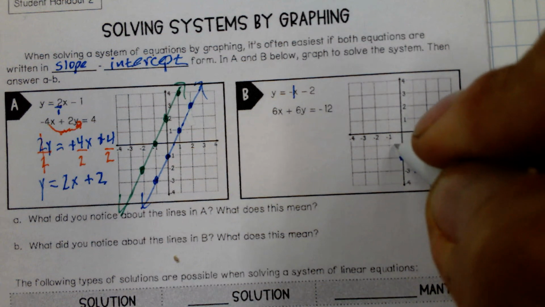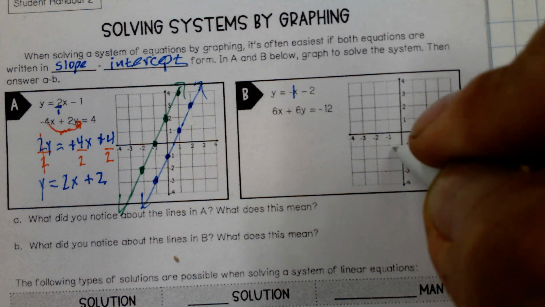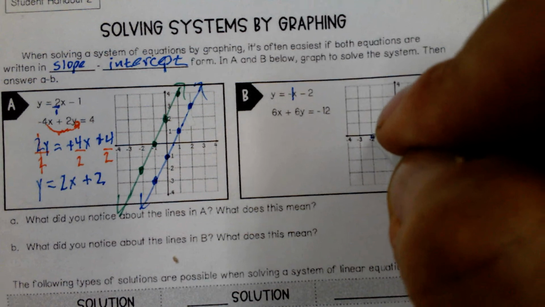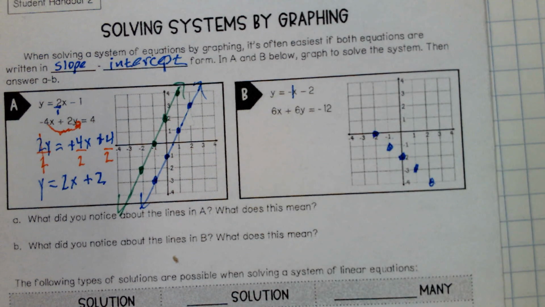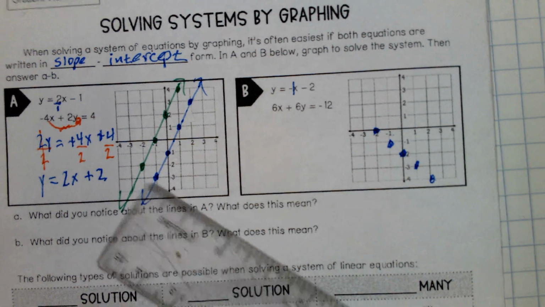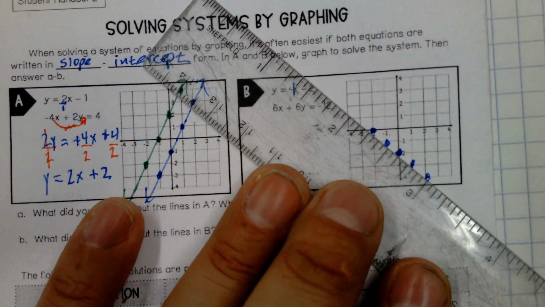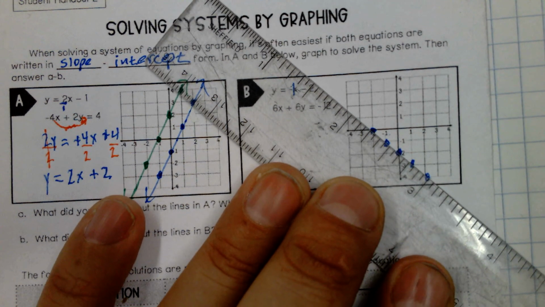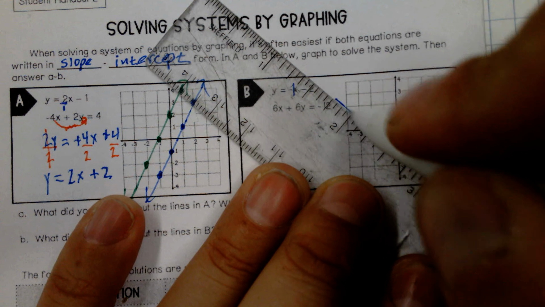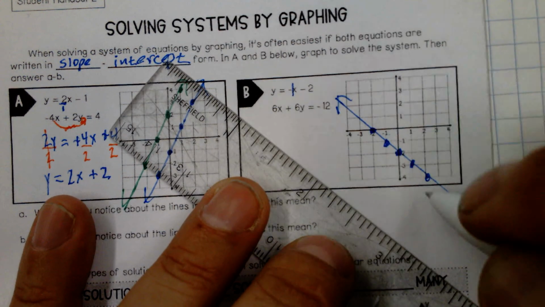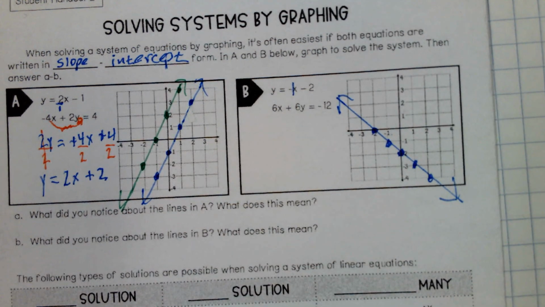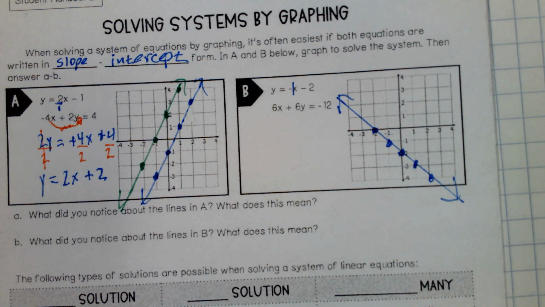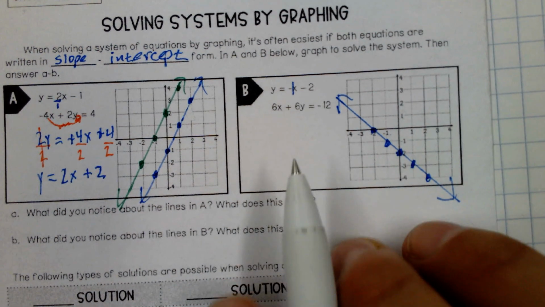I'll just do a couple of points the other way. So here's our slope. -1 goes through -2 on the y-axis. There we go. Okay.